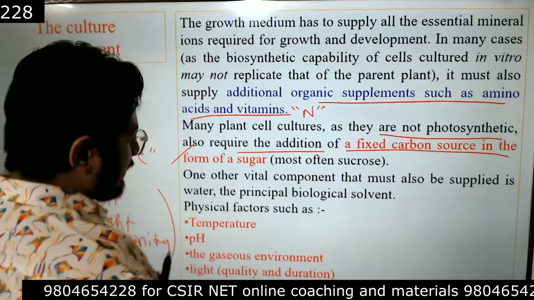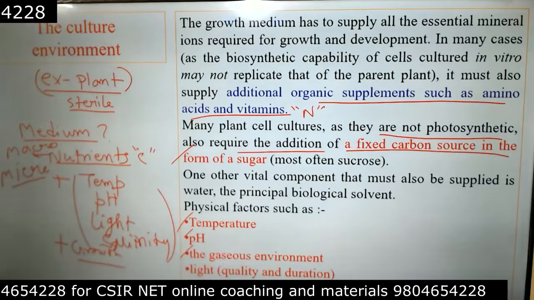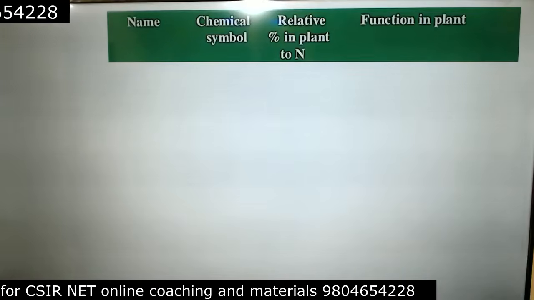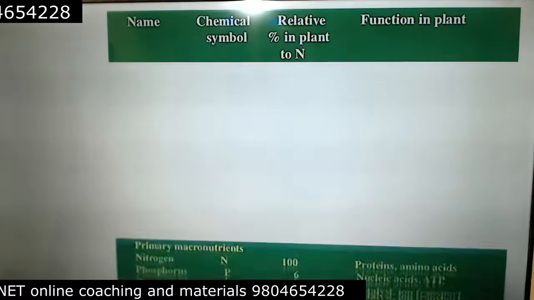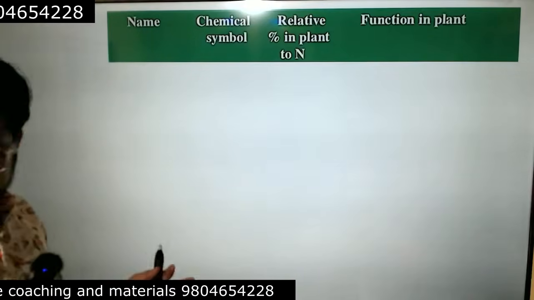And sugar is the carbon source. And then other physical factors: temperature, pH, gases in the environment, light and osmotic pressure. Now here we are going to talk about the different types of nutrients that we are going to use in a medium of plant tissue culture.